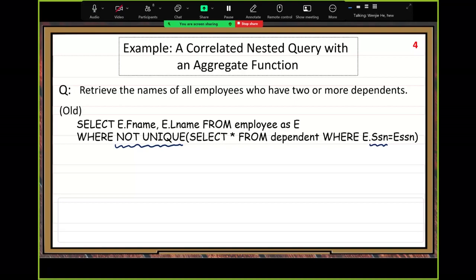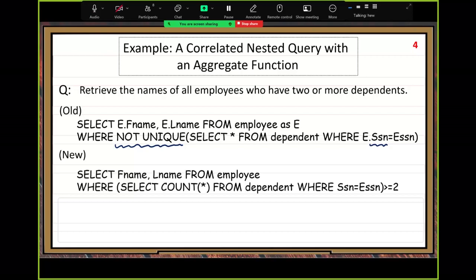The new way, we use the aggregate function. We count the number of dependents. In the where clause we have an inner query. In the inner query we call the count function on dependent where SSN equals ESSN.